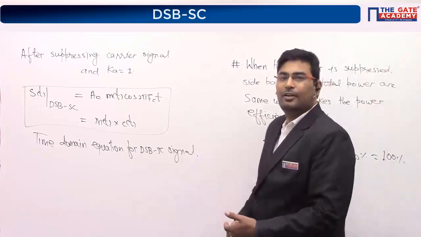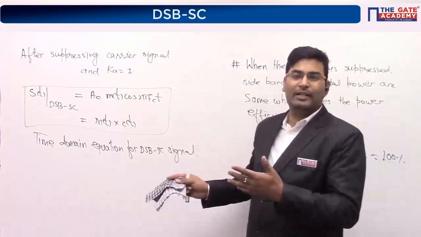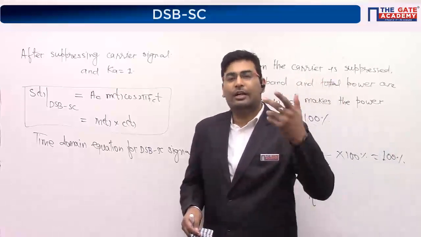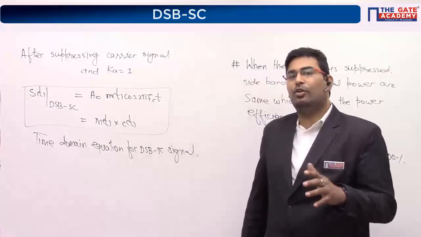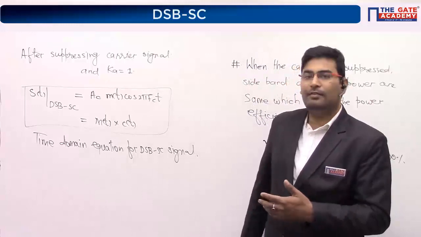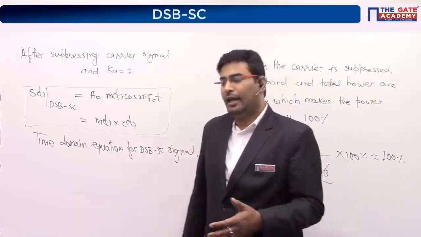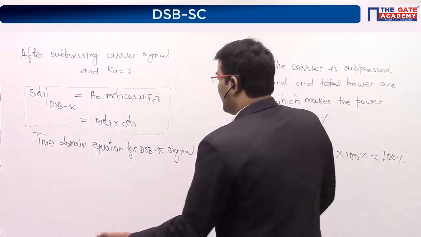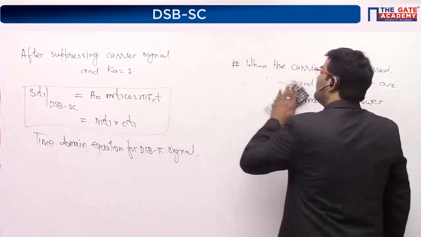Now why have I put k equal to 1? See, this is not AM anymore, right? We are not in AM. In AM we needed k less than or equal to 1 so that we can normalize and make sure it is not over modulated. But here we are not in AM, so we can say k equal to 1 and we have the equation. Okay.